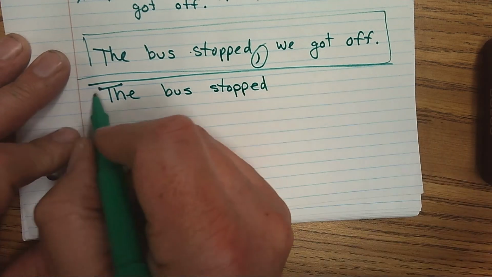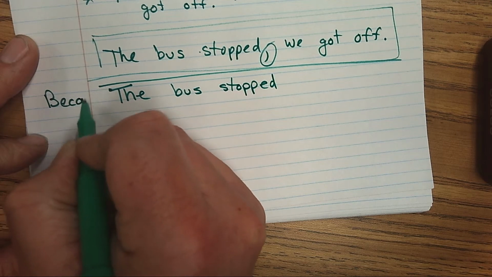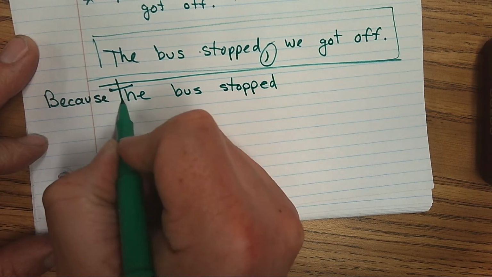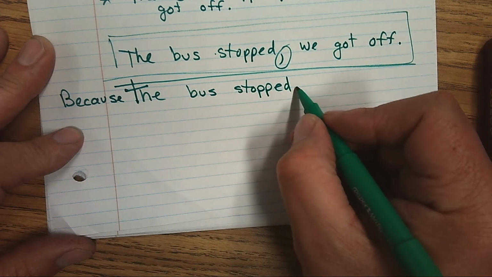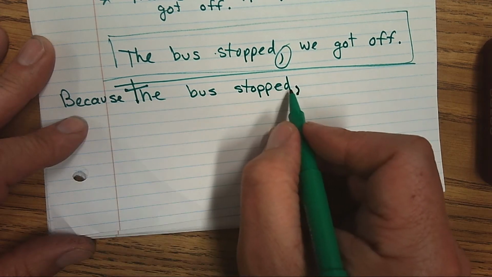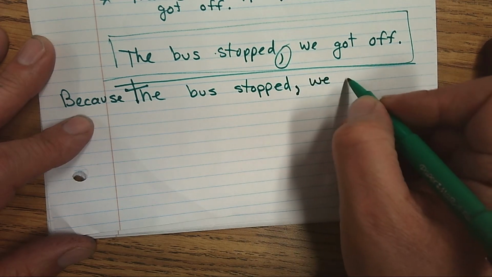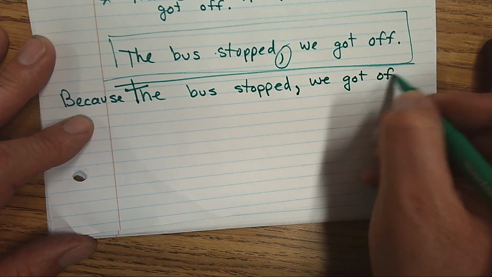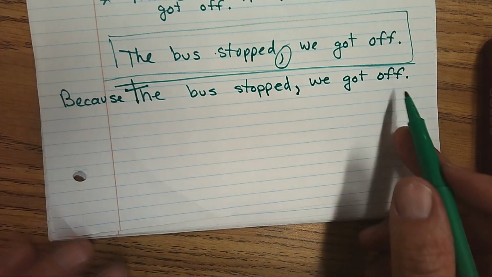Well, I think what I would do is start with "because the bus stopped," like that, lowercase t. Because the bus stopped, that's a subordinate clause, so we're putting a comma before the independent clause. All right, because the bus stopped, we got off.